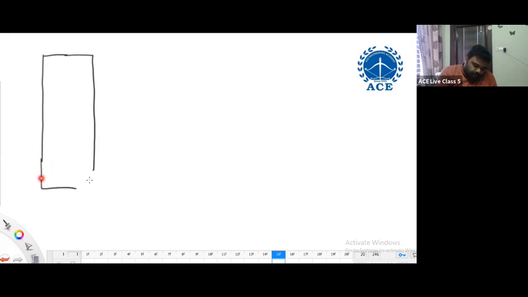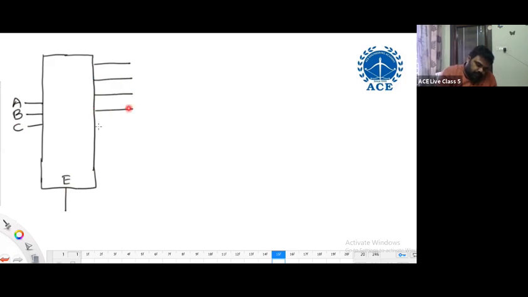If I use a 3 to 8 decoder with ABC and also enable signal, 3 to 8 decoder, Y0, Y1, Y2, Y3, Y4, Y5, Y6, Y7.